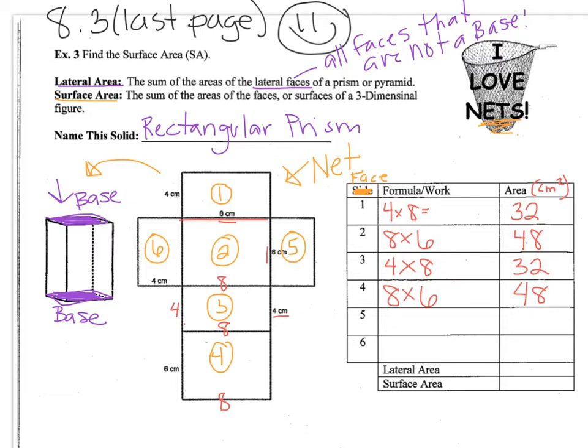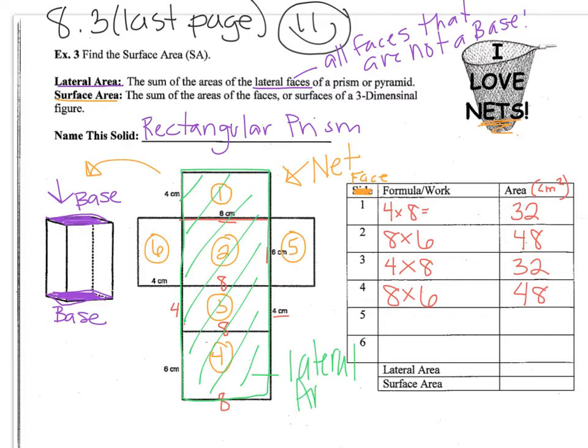So this, what we just did, that was our lateral area. Okay. So I'm going to highlight all of this. That was our lateral area, because this is going to be our base. This is a base, and this one over here is a base.